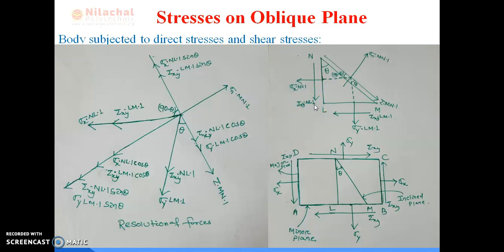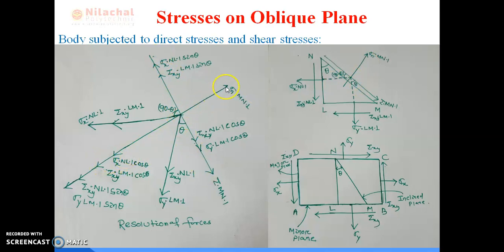To find the value of normal stress and tangential stress, all these four forces are to be resolved along the tangential direction and along the normal direction. Take this figure outside. We have the free body diagram.